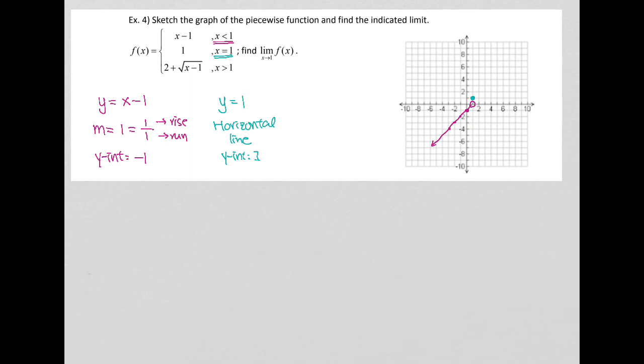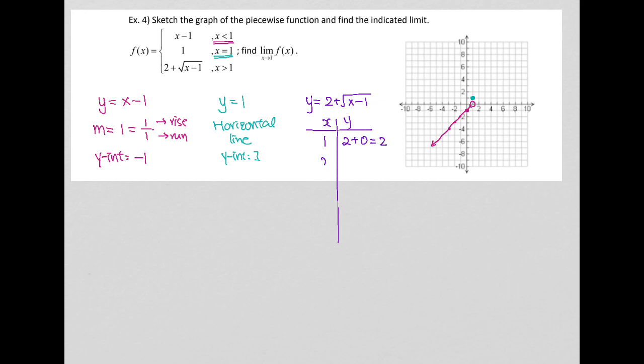The third piece is actually a radical. So we say y equals 2 plus the square root of x minus 1. Because that's a radical, I think the easiest way to graph it is by using table values. And since x can only be greater than 1, I start with 1 to find where my empty dot is and move on. So when x equals 1, that will be 2 plus the square root of 0, which is 2 plus 0, which is 2.